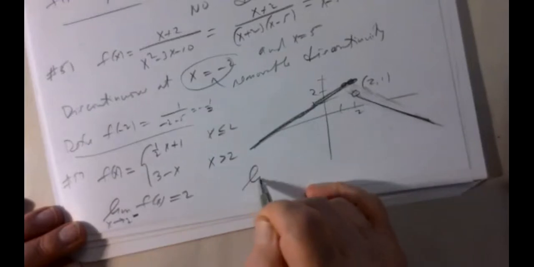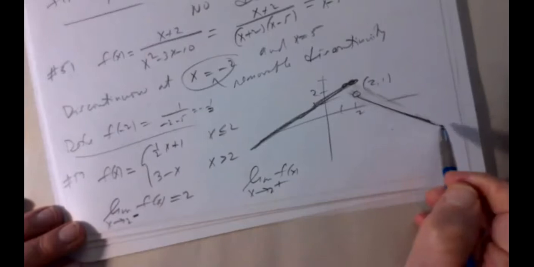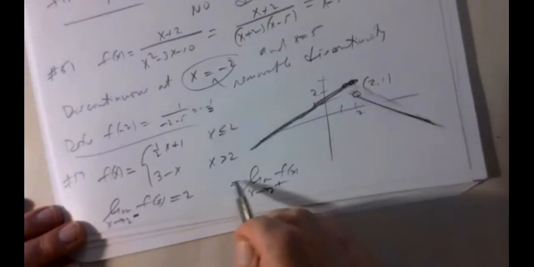And you see that for this function, the limit of f of x as x approaches 2 from the left is equal to 2. The limit of f of x as x approaches 2 from the right is 1, and they're not equal.